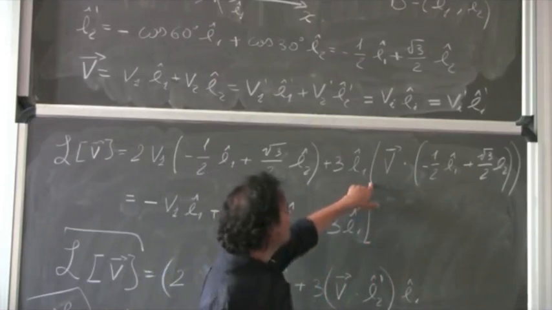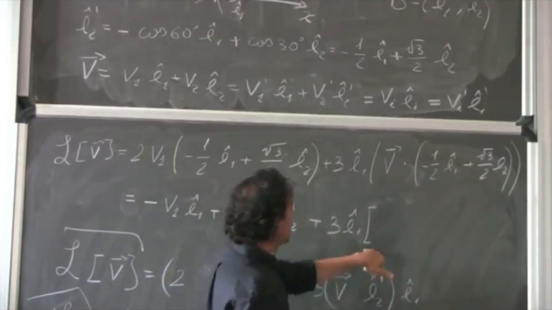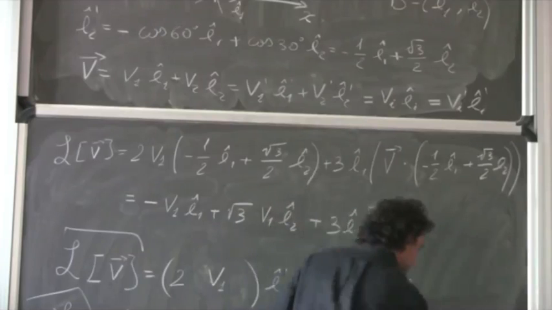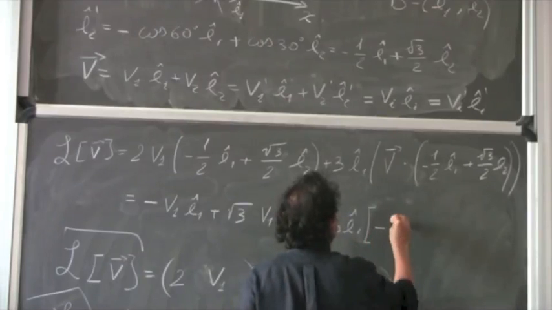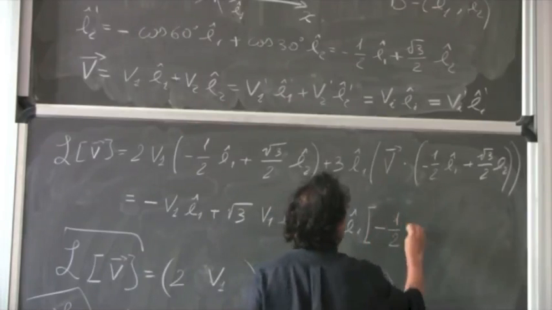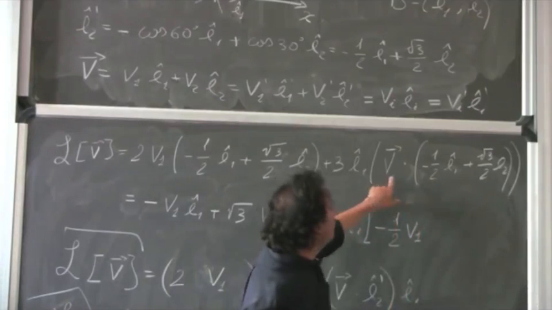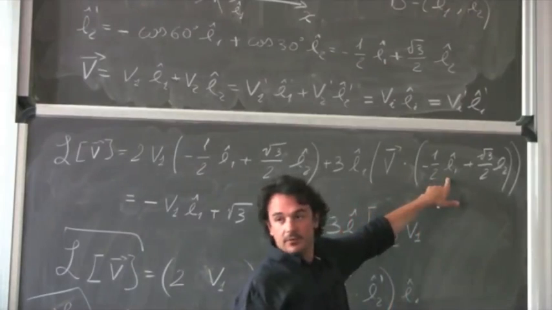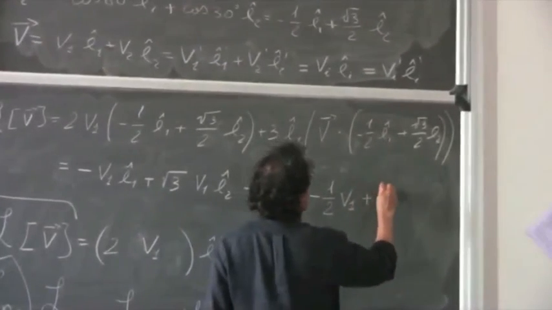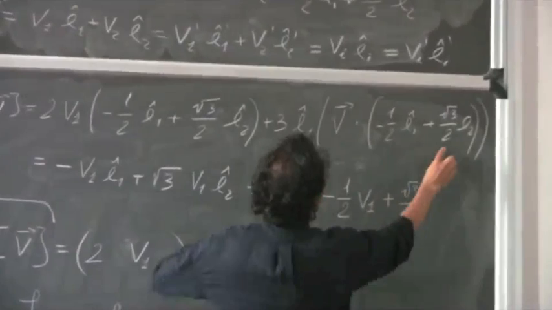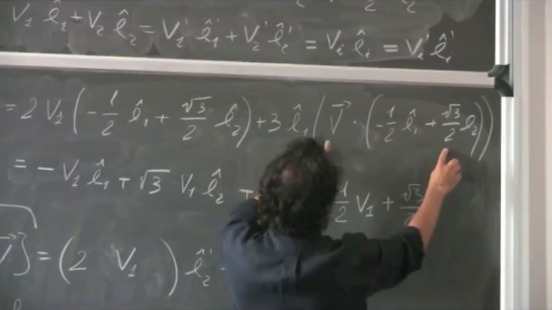I will change the external parenthesis into a squared parenthesis. So here we have minus 1/2 V1. Why? Because V scalar E1 is V1. Then you have plus square root of 3 over 2. The 3 is kept V2.